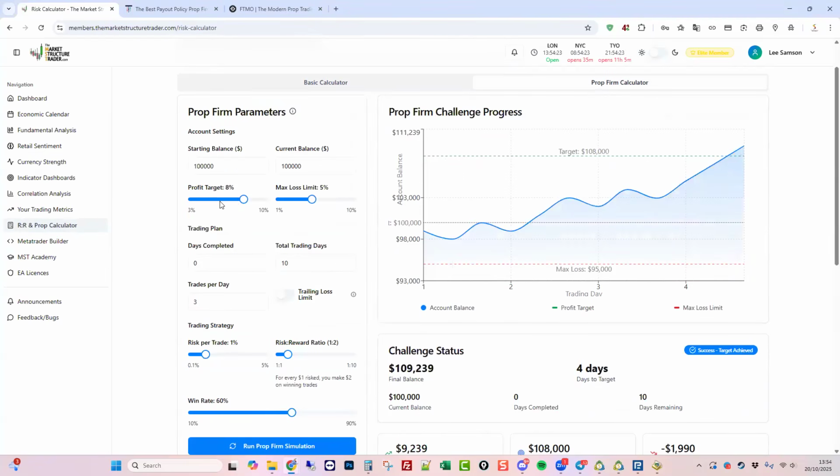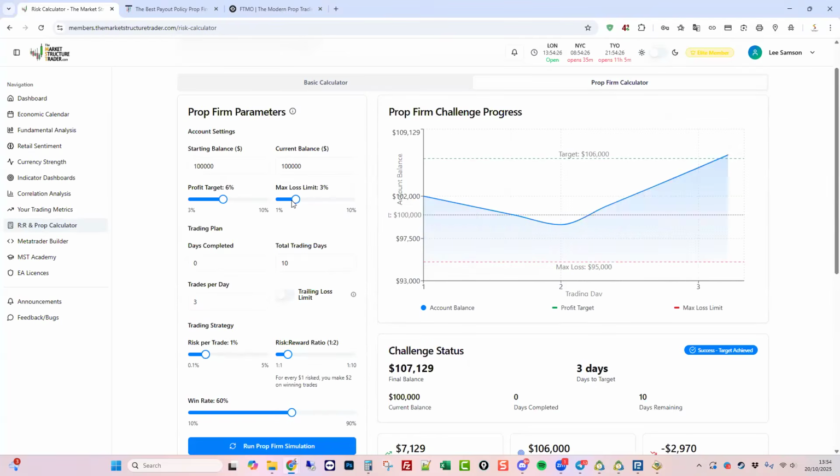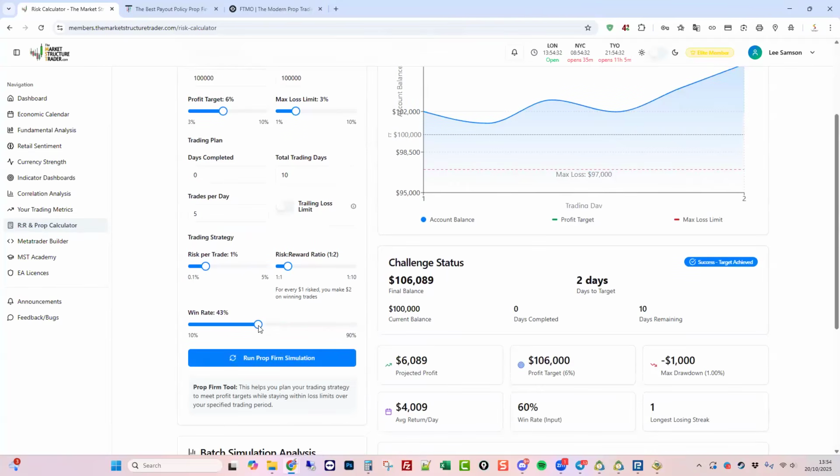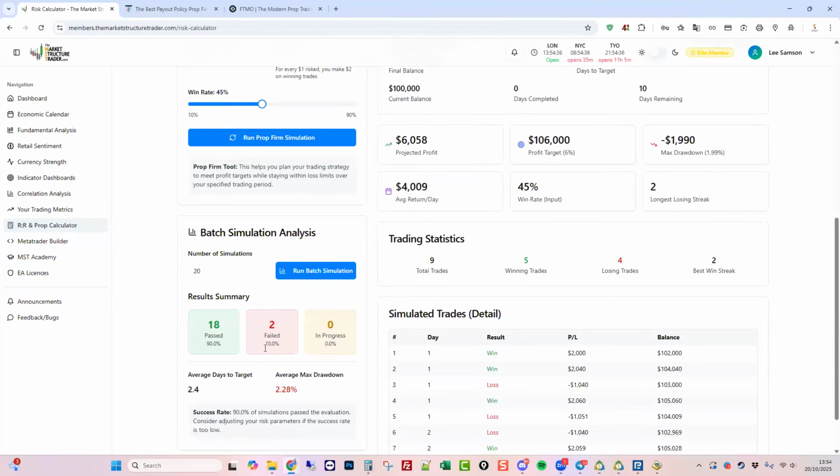So if we've got that target of 6% and that drawdown of 3%, and we're going in aggressive, for example, with something along those sorts of lines, you can see that you're going to fail some. Every time you're going to fail some. So let's say that was your evaluation.